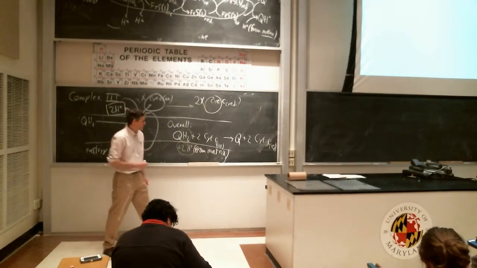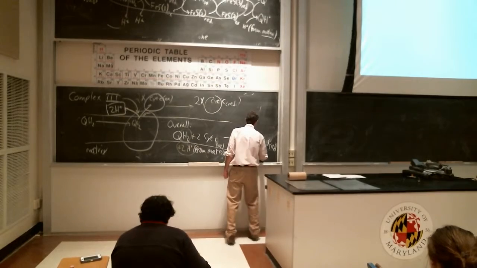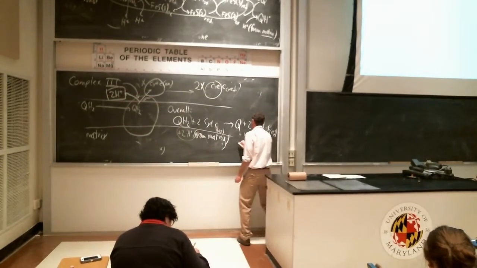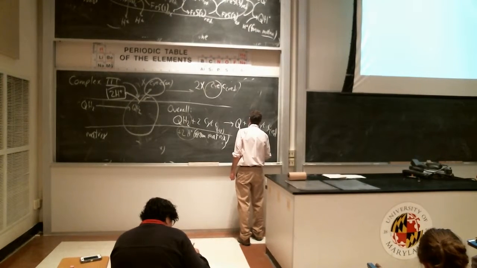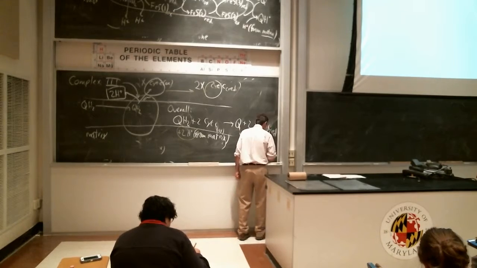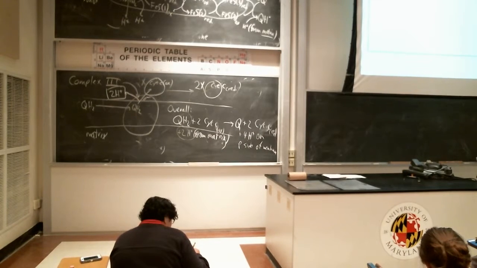That's 4. And so the net result is that 4 protons end up on the P side of the membrane. And the reason it's 4 and not 2 is this complexity that I mentioned.